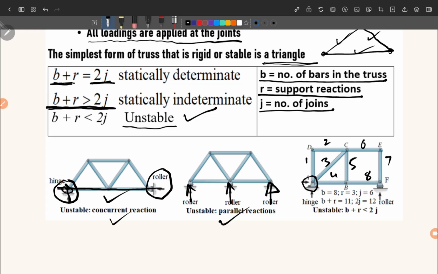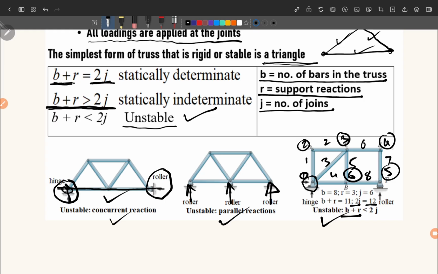And if we count the number of joints, we have 1 joint, 2, 3, 4, then 5, 6. So joints are 6. Now we will check. B plus R is 8 plus 3, that is 11, and 2J is 2 into 6, so this is 12, right? So B plus R, which is 11, and 2J is 12, so we can say that this is unstable.